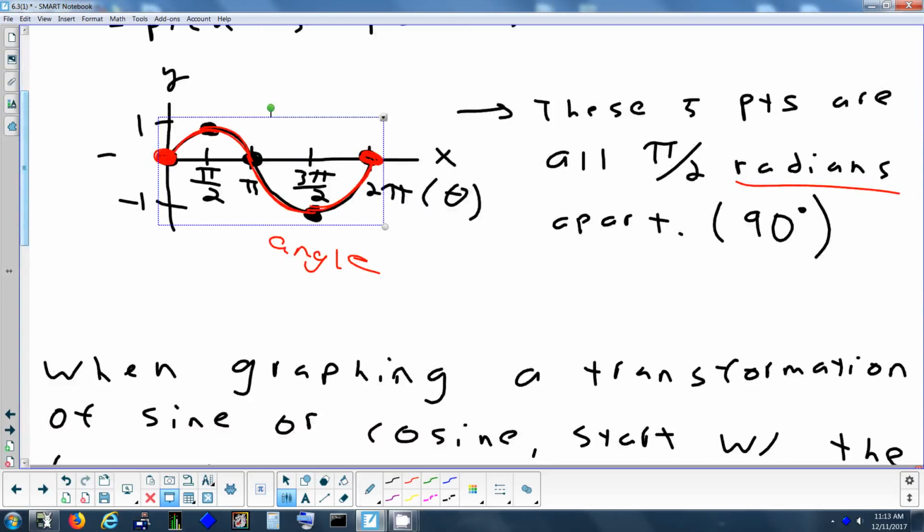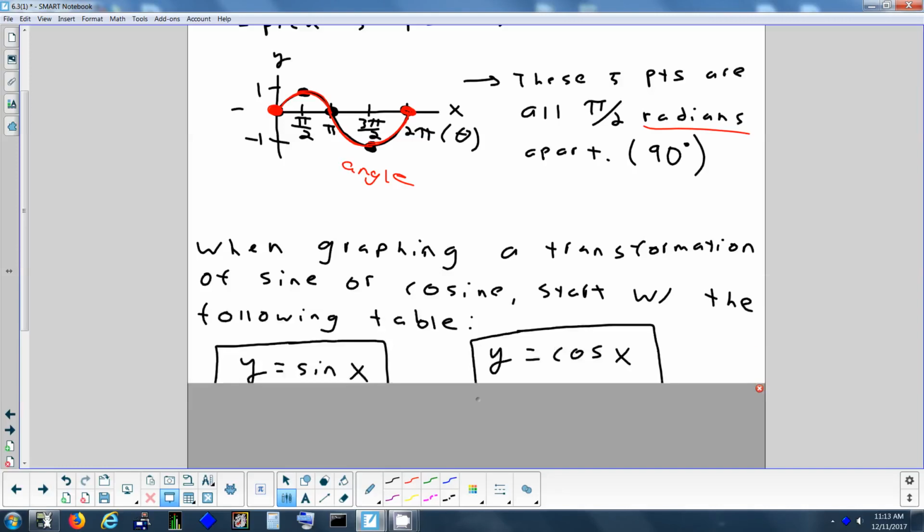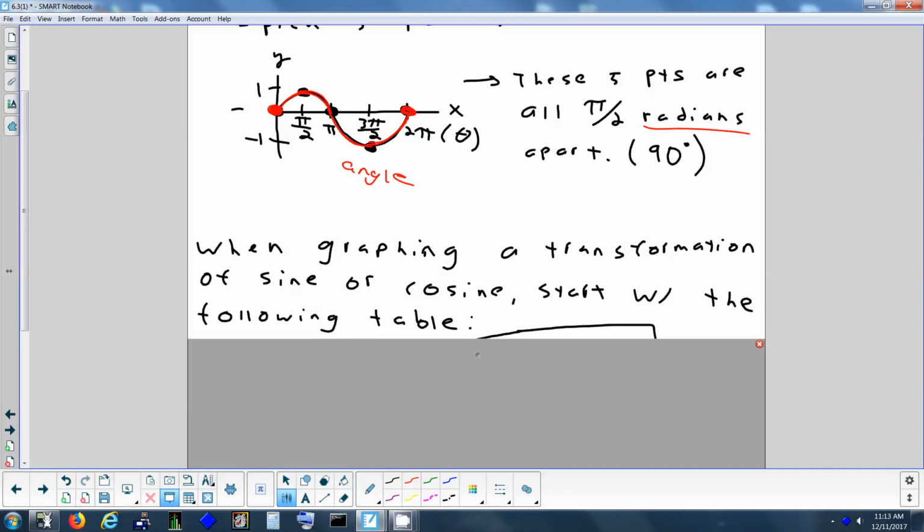Shifting up and down, shift left and right, stretch up and down, stretch left and right. All right, so we're going to have 2 tables. We're going to have one for the starting points for sine, and then we're going to have a different table for the starting points for cosine. Okay, 2 tables.